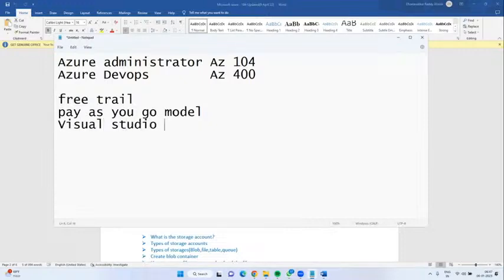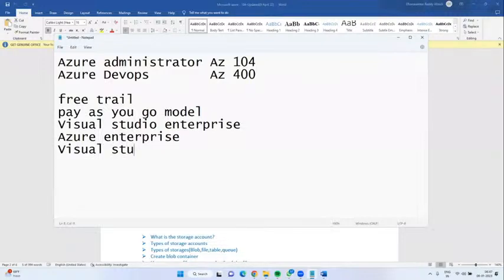Also, we have the enterprise subscription, Azure Enterprise. Then Visual Studio Developer Edition. Like that, we have around 20 plus subscriptions.